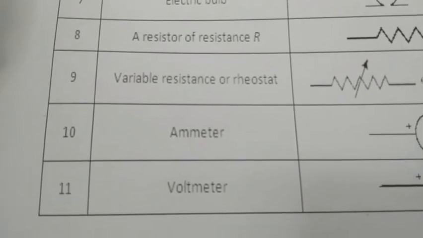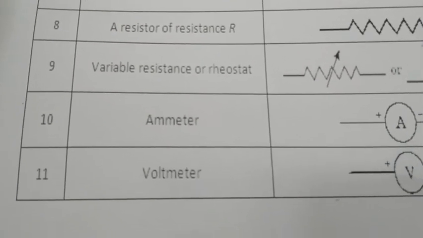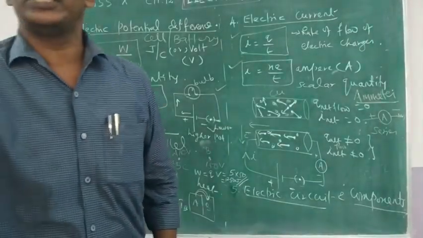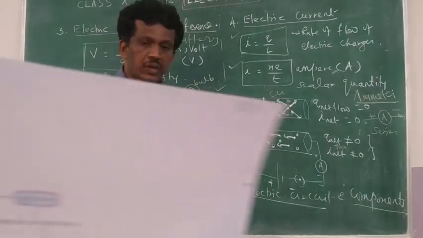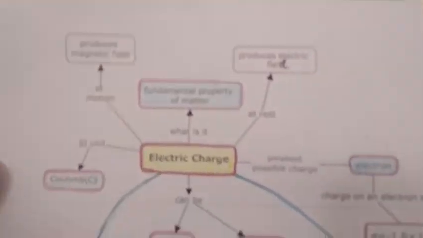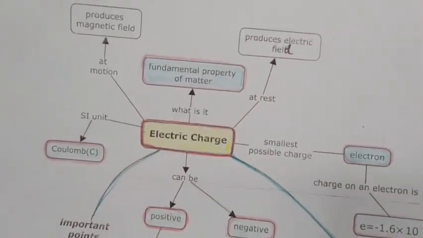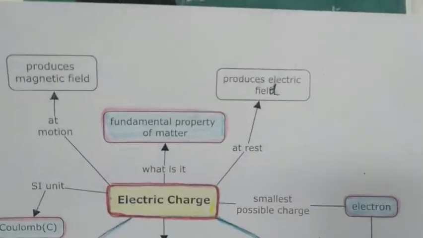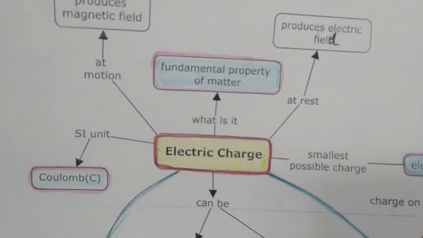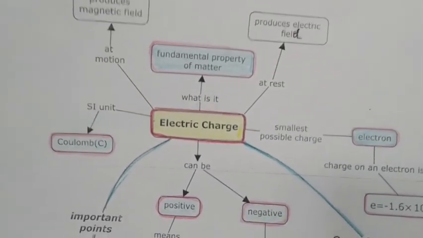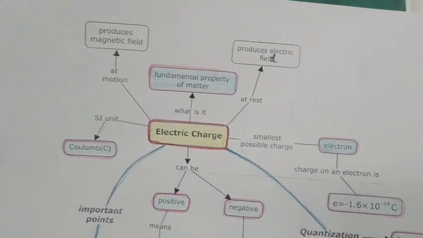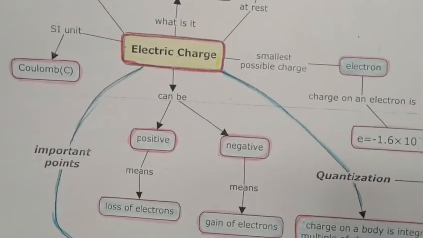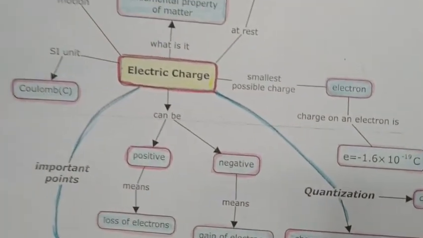Now, let us summarize what are the things we discussed in this video. So, let us see the concept of electric charge. It is a fundamental property of any matter. It has two types, positive and negative. Loss of electron is nothing but positive, gain of electron is nothing but negative.